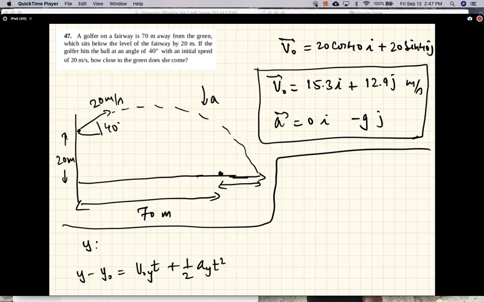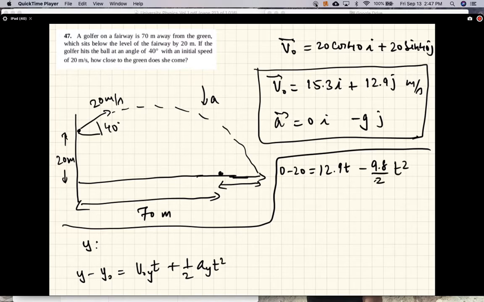So the final y position is 0, initial y position is 20 meters, and so on. So 0 minus 20 equals the initial y component of the velocity, 12.9 t, and a y is minus g, so minus 9.8 meters per second squared divided by 2, t squared.